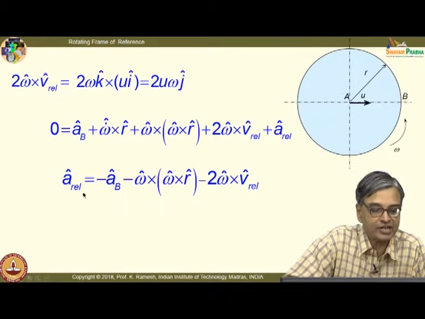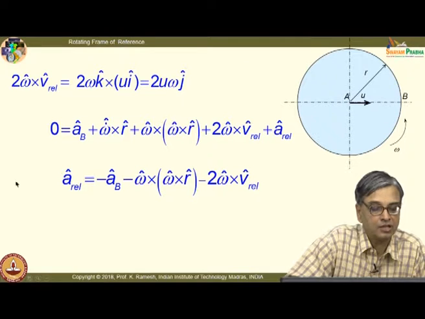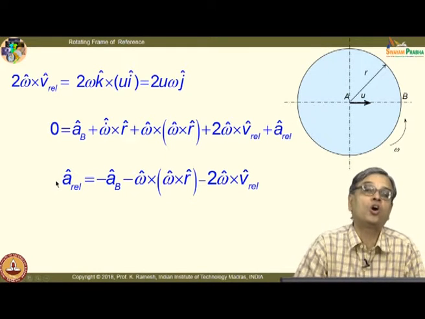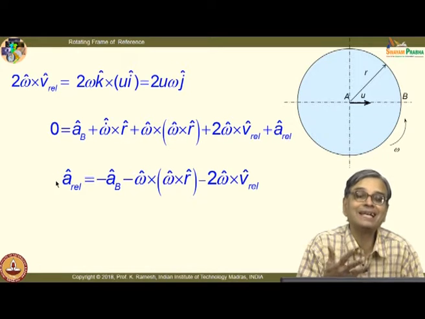So, I essentially have A rel as minus A b minus omega cross r minus 2 omega cross V rel. So, the quantity is what an observer sitting on a rotating platform would observe as acceleration.